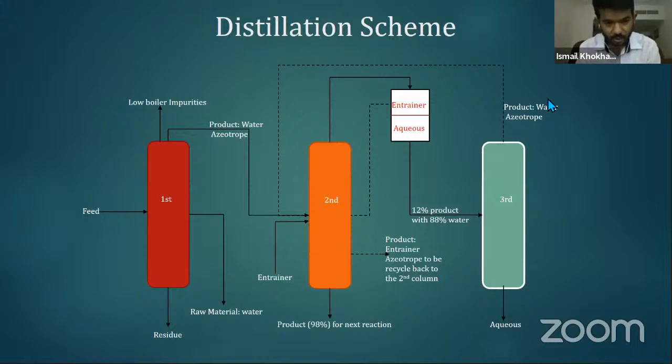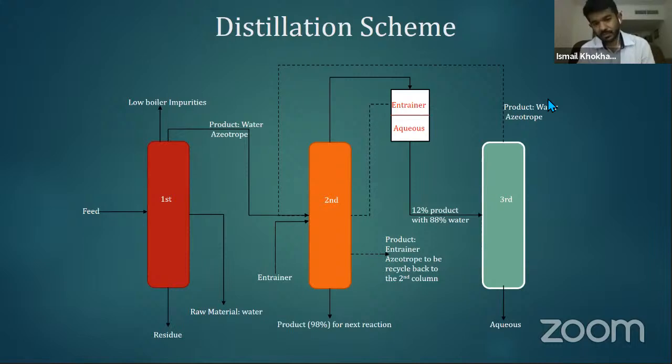When we designed the process on the initial data, we proposed three distillation columns, where the first cut from the first column was the low boiler impurities. The second cut is the azeotrope of the product and water, which is fed to the second distillation column. The third cut is the raw material and the water, which is recycled back to the reactor. And the last cut is the residue, which is sent to the effluent treatment plant.